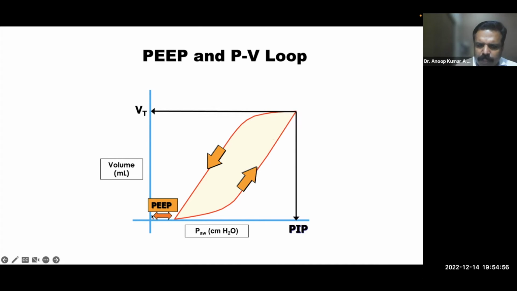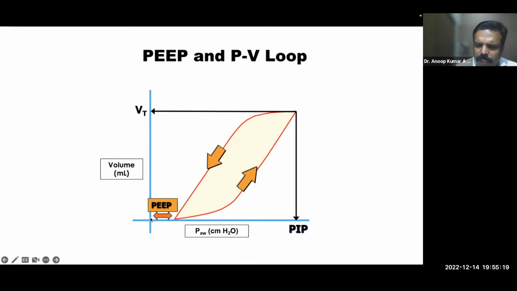Here, if there is a PEEP applied, your PV loop will start from the pressure of how much PEEP you are applying. Otherwise, it will start from 0. Suppose you are keeping a PEEP of say 10, it will start from that 10.